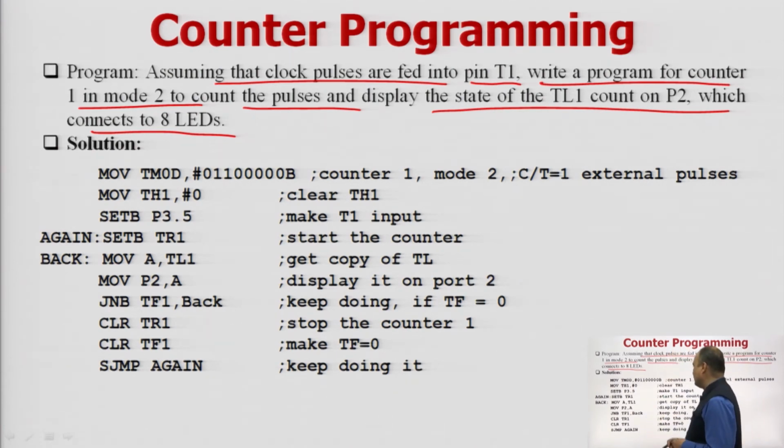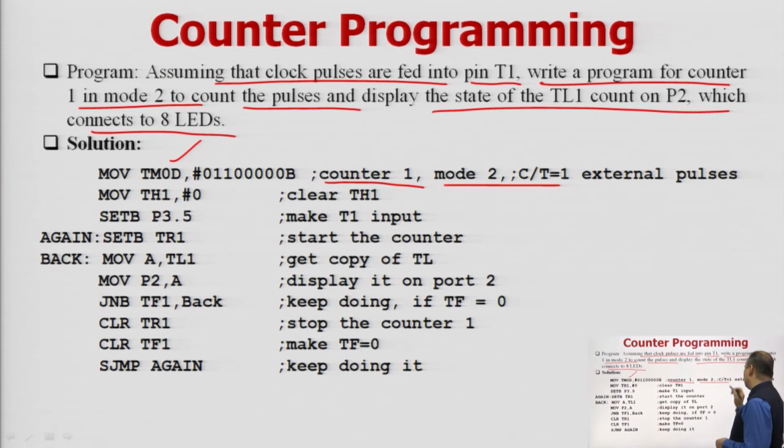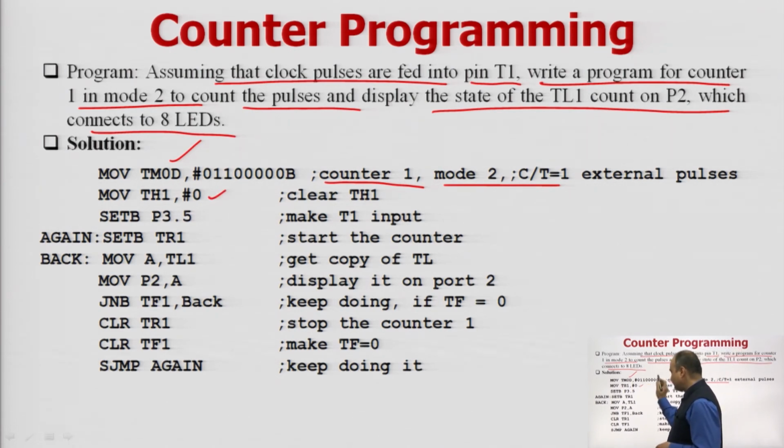For this program, we need to configure the TMOD register with the value for selecting counter 1 in mode 2. Here the status of the counter or timer bit of the TMOD register is 1, which means we are configuring this timer for counter programming. Then for mode 2 operation, which is auto reload mode, we need to initialize TH1 with a value of 0.